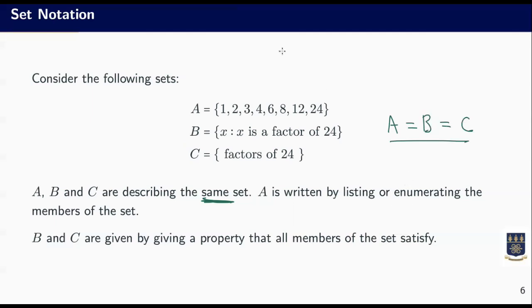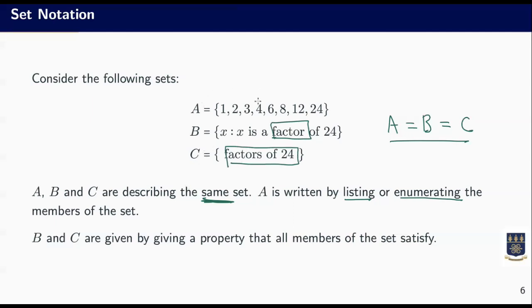These sets are the same. In the case of A, it is written by listing or enumerating the members of the set. B and C are written using what is usually called set builder notation. So you give us the property that they all satisfy. In this case, they are all factors of 24. So we're describing the set B and the set C as a set of factors of 24.